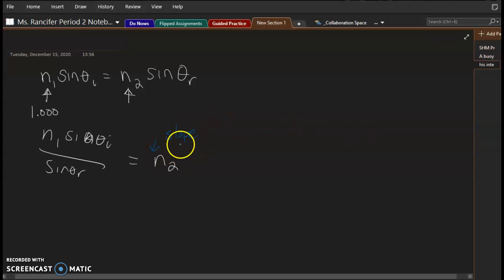I mean, N2 I should be able to obtain from the slope. Slope is y values over x values. In this case, my y values would be N1 times sine theta incident, but N1 is just 1, so I can plot the sine of the incident angles versus sine of the refracted angles.